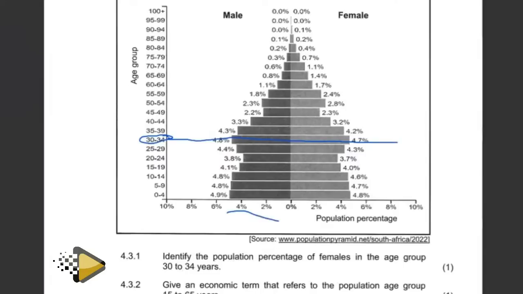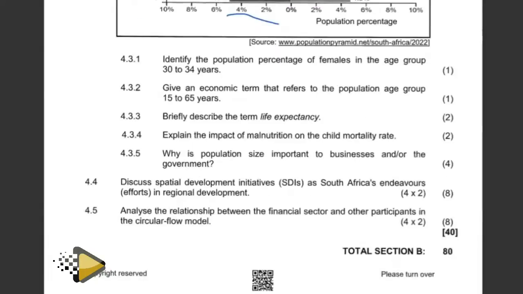The population percentage that we have is 4.7%. So our appropriate answer in this regard is 4.7%.